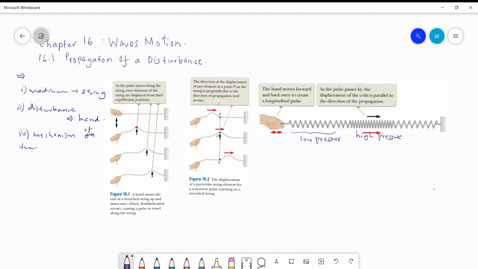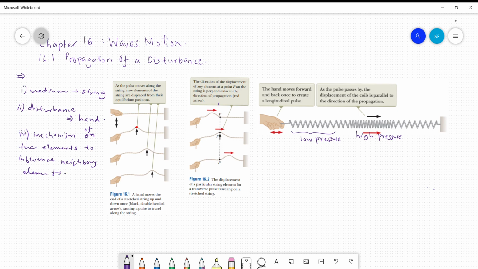But in the textbook here, it uses the word elements. So elements here resemble the particles in the medium. So the mechanism of the elements is to influence neighboring elements.